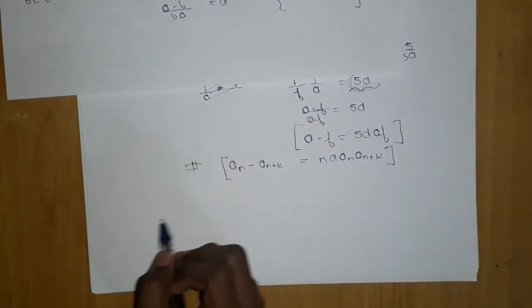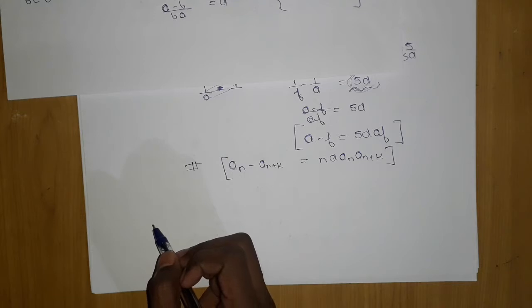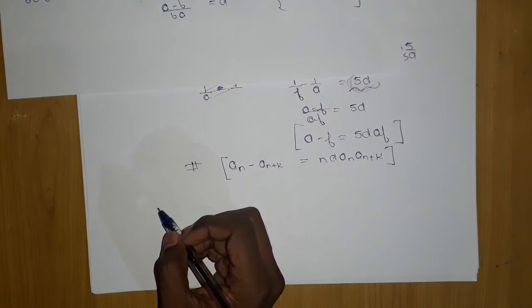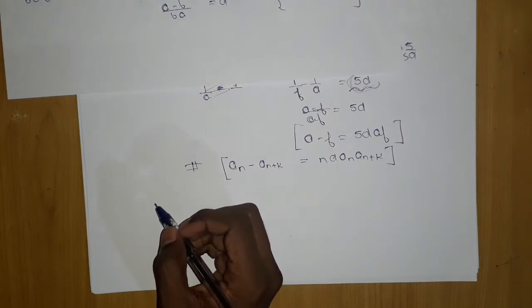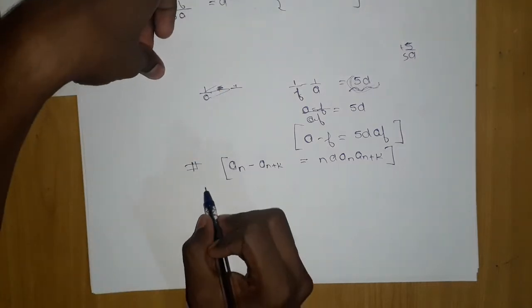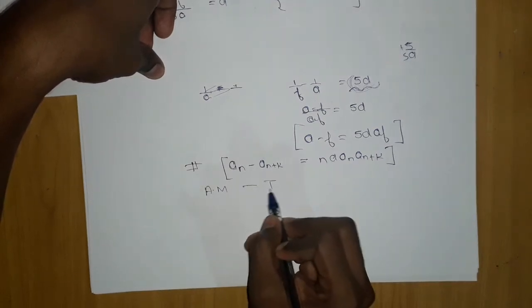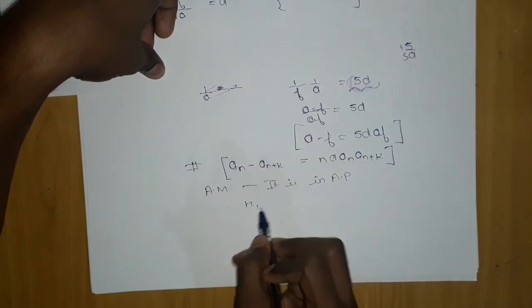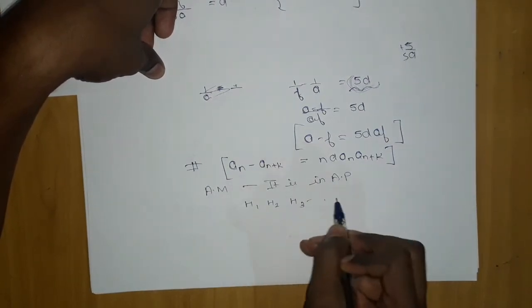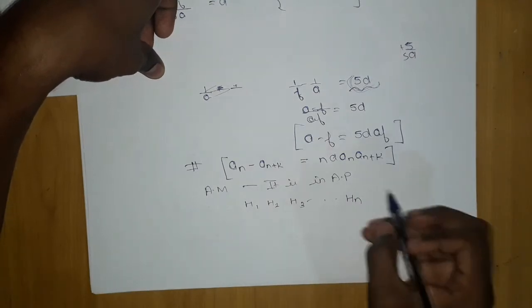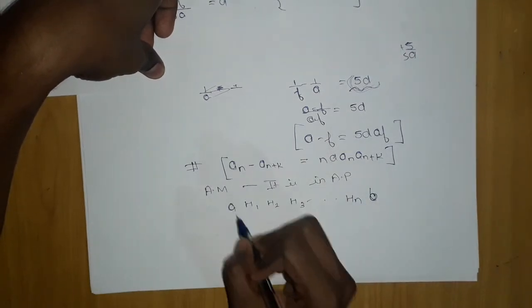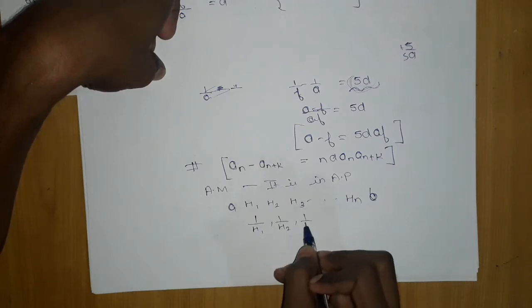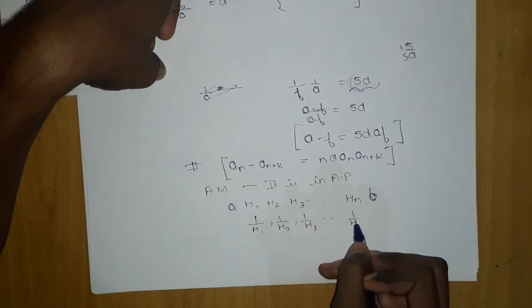Now the second thing which I'm going to tell you is about HM insertion, after AM insertion. In AM, when I insert, it is in AP. Now if I tell you that H1, H2, H3 are n HMs inserted between A and B, then you can write 1 upon H1, 1 upon H2, 1 upon H3, till 1 upon Hn.